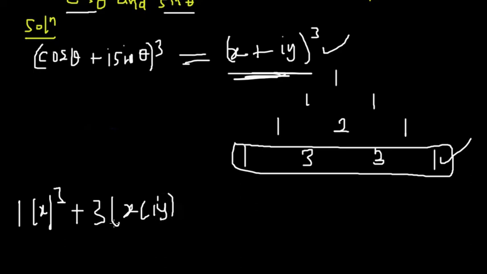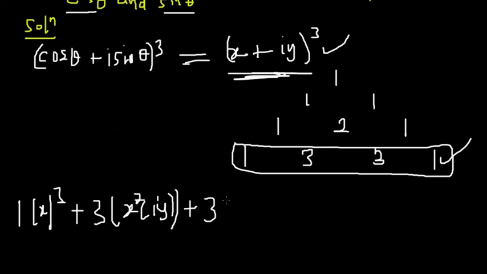But note, as the real portions keep on decreasing, the powers keep on decreasing. From here you could notice that the power of the x was 3 over here, but here the power of the x is what? 2. It will keep on decreasing. And then we have plus, keep the 3.